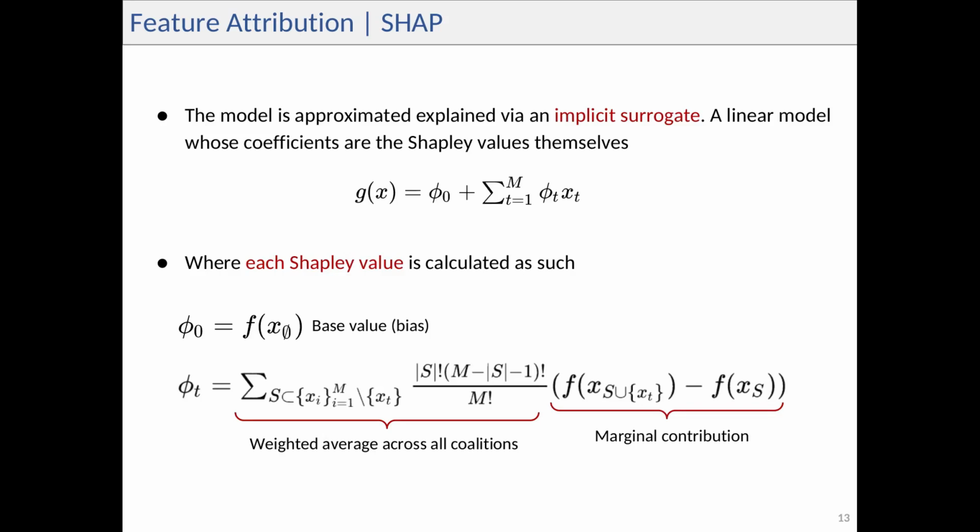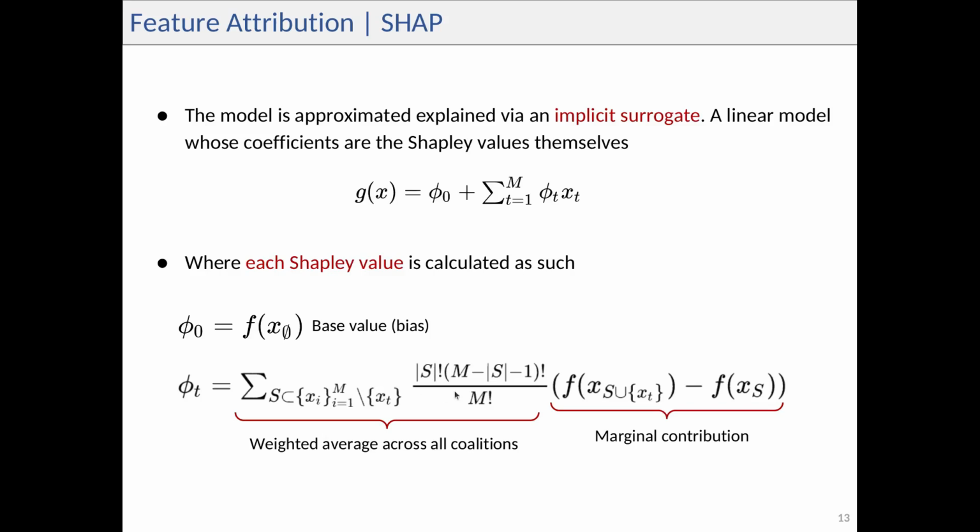And this is literally what we said before, the weighted average across all coalitions. This is the first sum, which looks very complicated, but just look at the sum. We're summing over all S's in the list of coalitions, in the list of features. So we're summing over all coalitions that do not contain xt, which is the feature we want to attribute the Shapley values to.